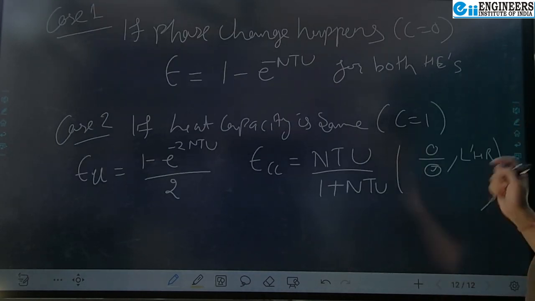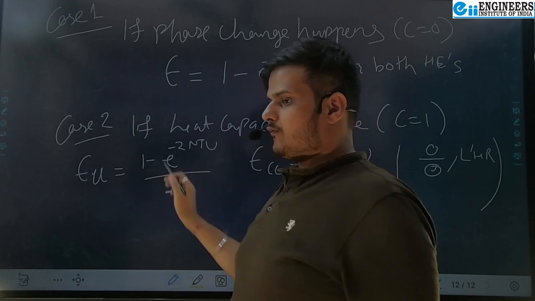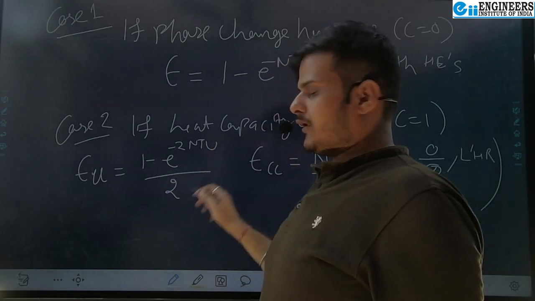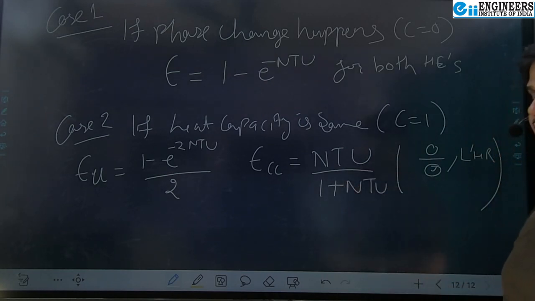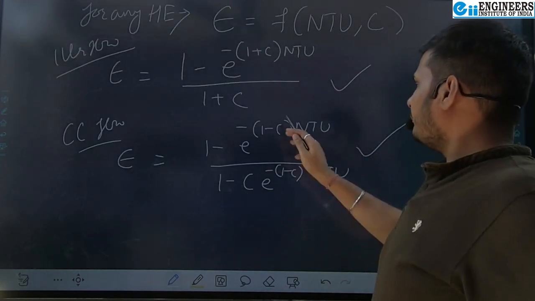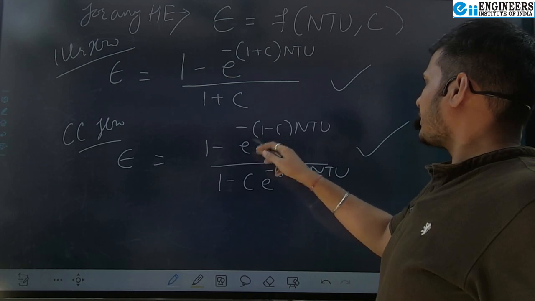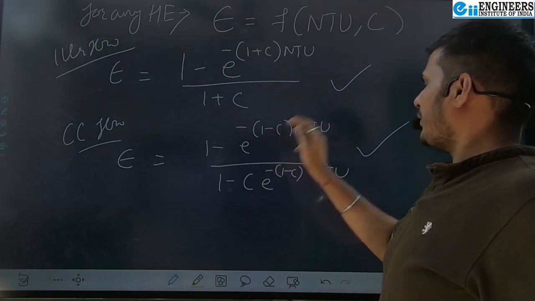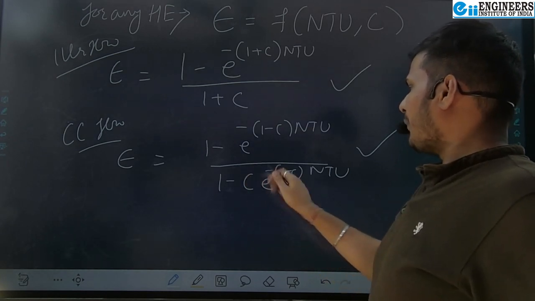Supposing your heat capacity rates are the same, then for parallel flow it will be 1 minus e to the power minus 2 NTU, divided by 2. In the equation, you substitute C equals 1, and we get this answer. But for a counterflow, if we substitute C equals 1, then that will be 1 minus e to the power 0, something to the power 0 is 1, so 1 minus 1 by 1 minus, so 1 minus 1.